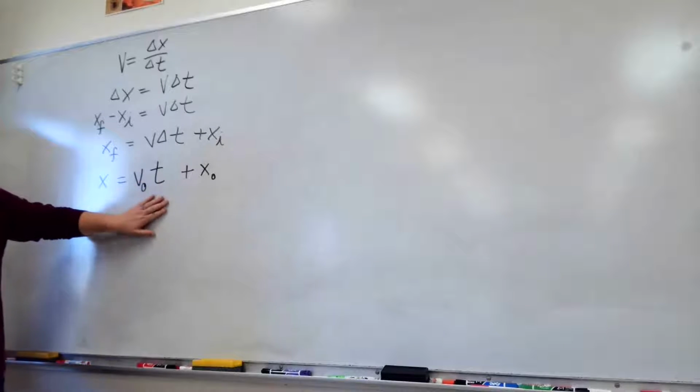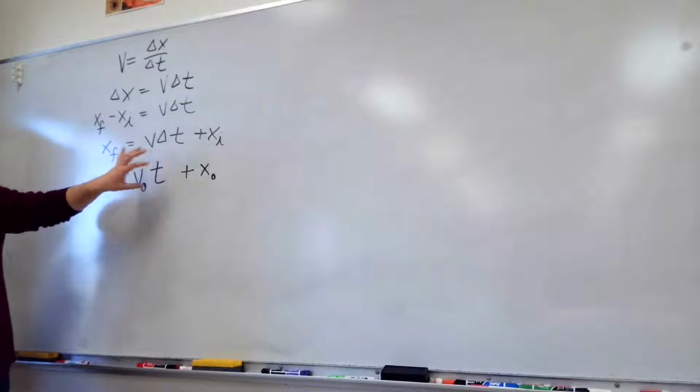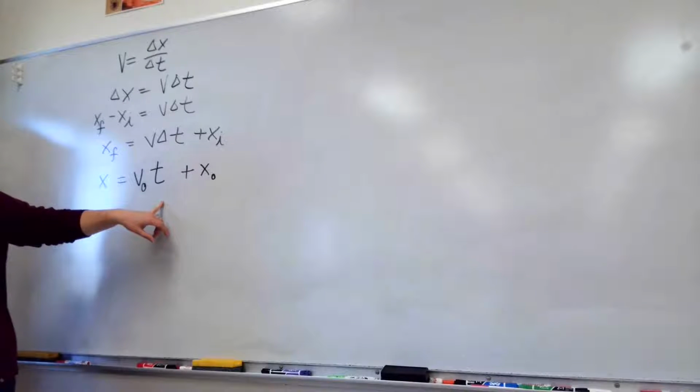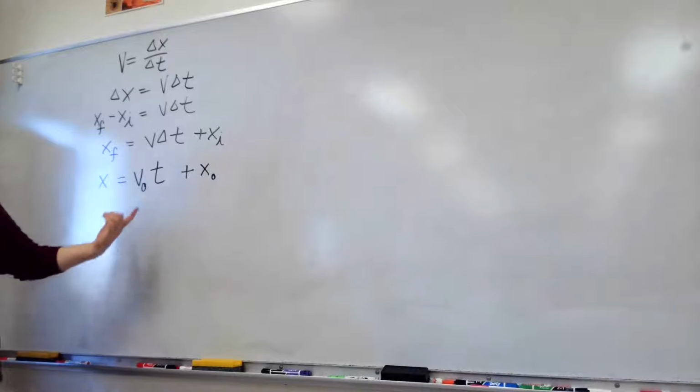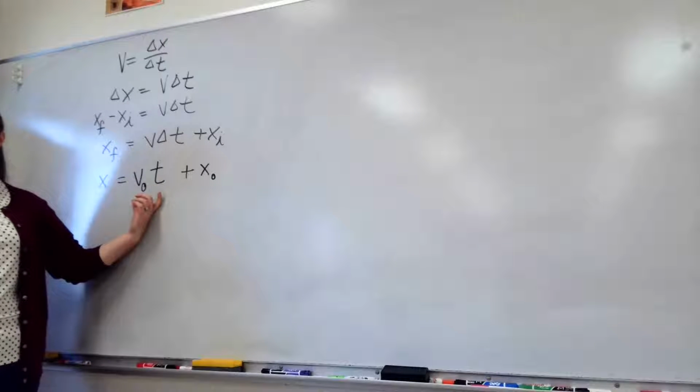Then, to add in velocity, we added on a term, okay? And this term tells us how far we go if we're going this speed for this amount of time, right? Okay? Because it gives us a distance, we know that we have units of meters here, right?